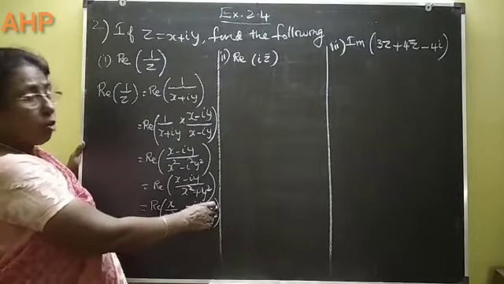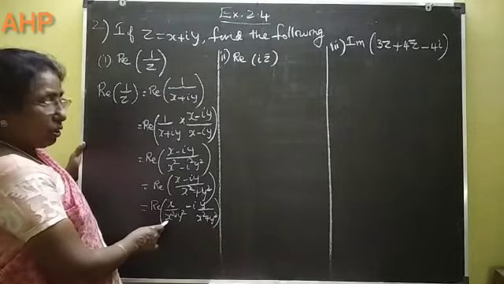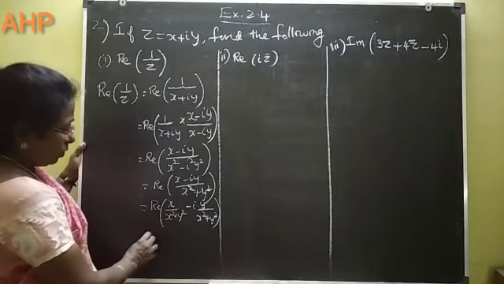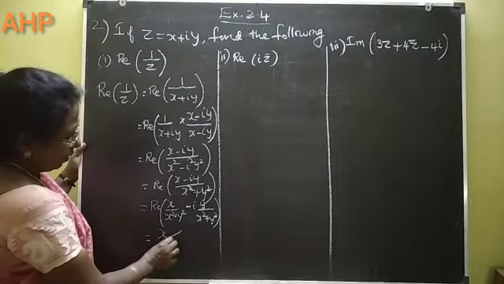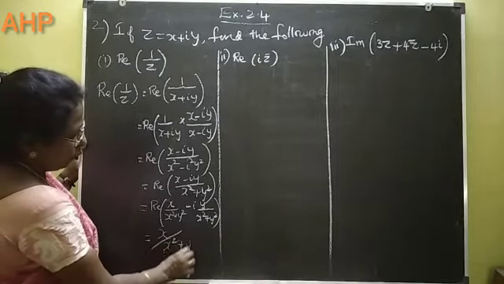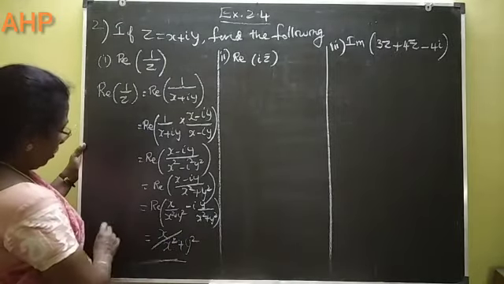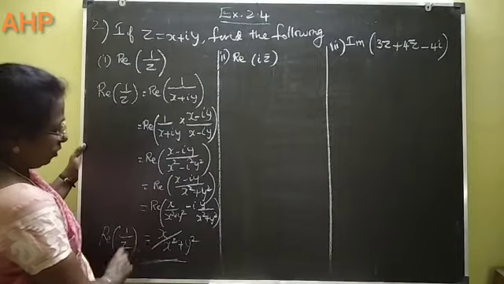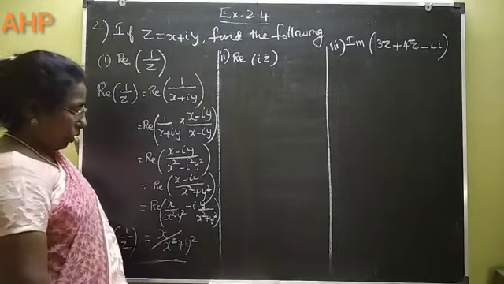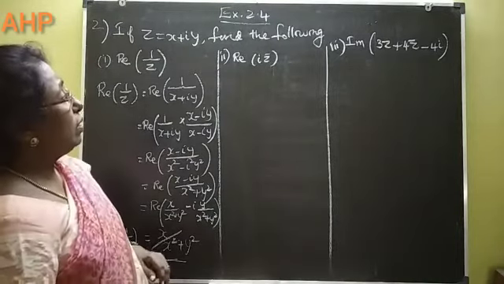So, the real part of this complex number is x divided by x square plus y square. Therefore, the resulting answer is x divided by x square plus y square. So, real 1/z is equal to x/(x square + y square).